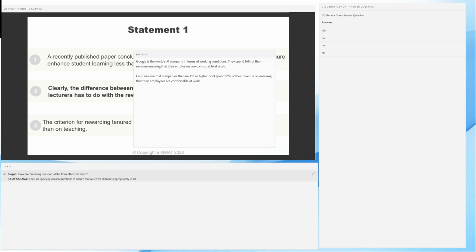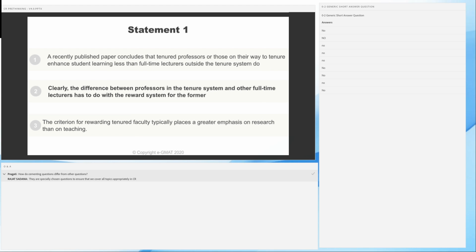No, absolutely not. What's not there cannot be assumed or inferred. And these are skills you need to build, just to be very frank.